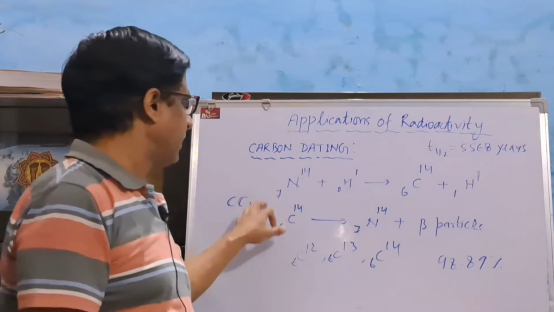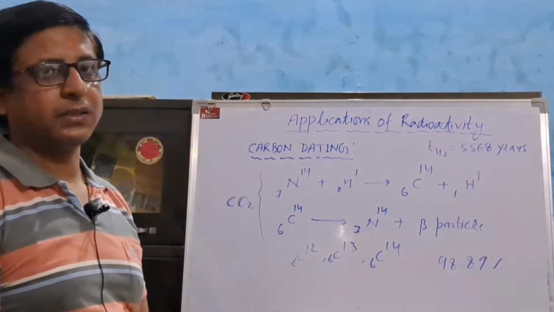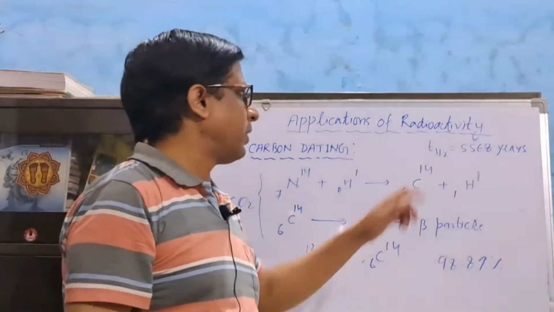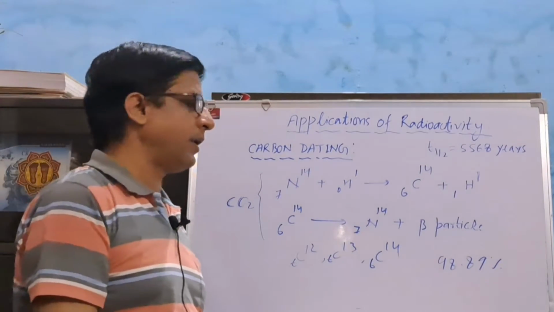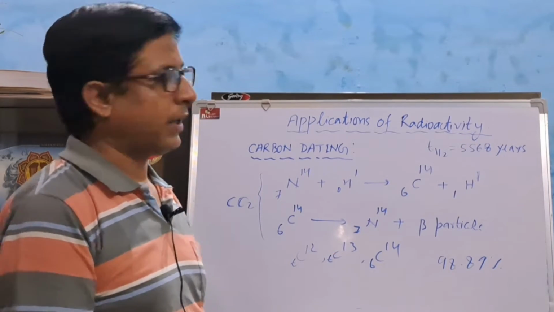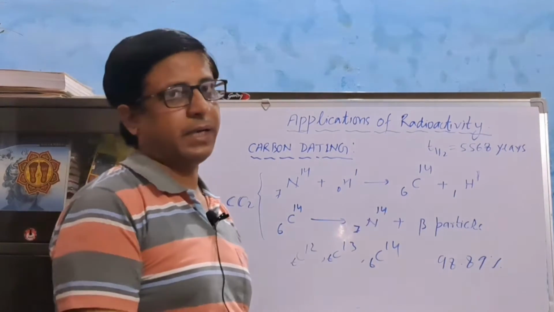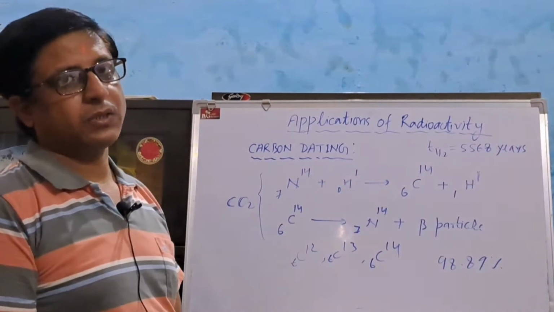So, due to the above two reactions, the amount of carbon 14 in the plant or animal remains constant during its lifetime. As long as the plant is alive, the amount of carbon 14 remains constant.